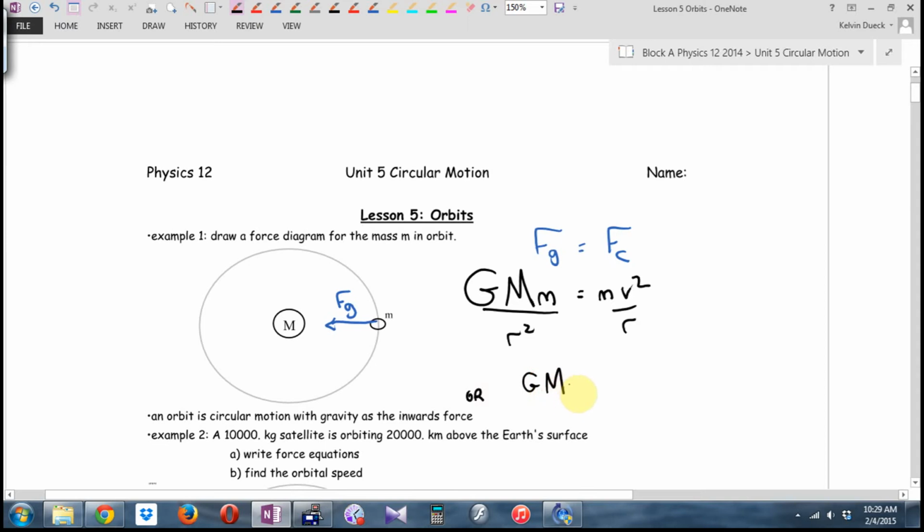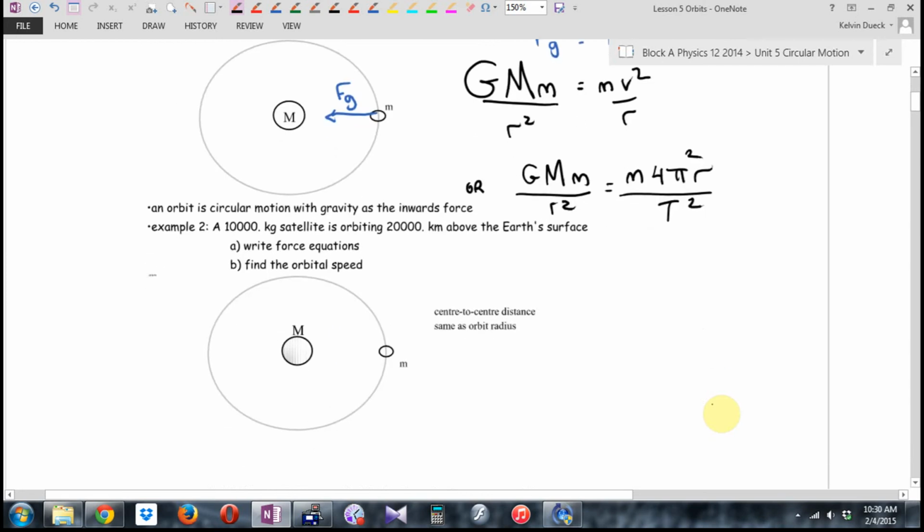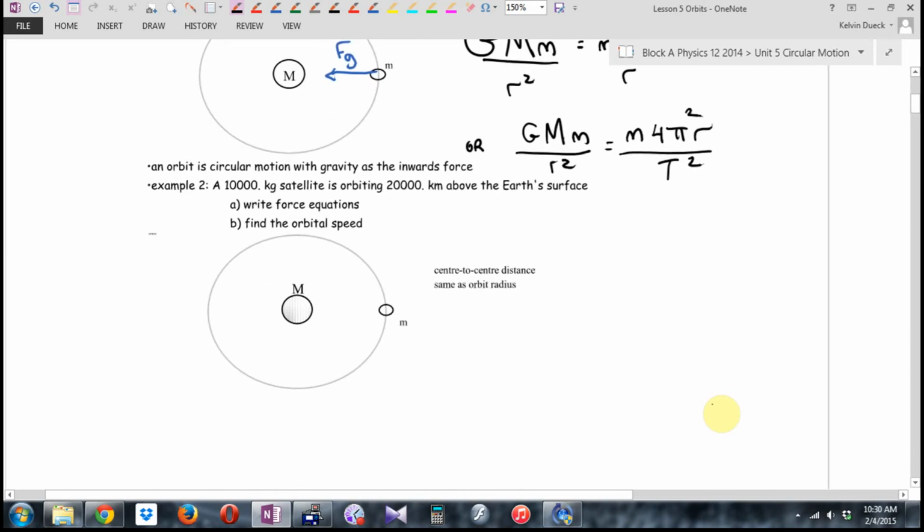Big G, big M, little m over r squared equals m4 pi squared r over t squared if they tell me how long it takes to get around the planet, if you tell me the period. And you may notice there's some stuff that can cancel, and we'll tackle all that. But for now, if I'm in orbit, gravity is what's causing the circle. So, an orbit is circular motion with gravity as your inwards or centripetal force.